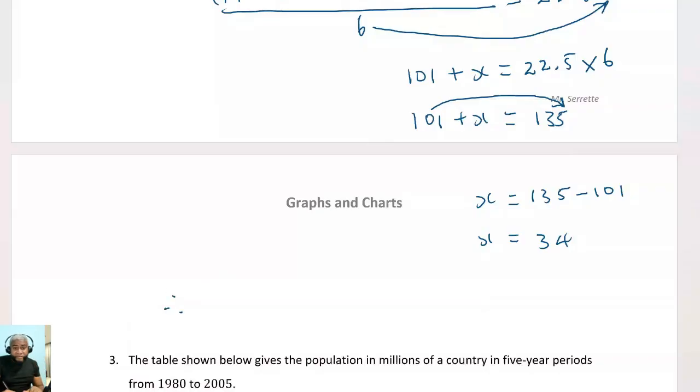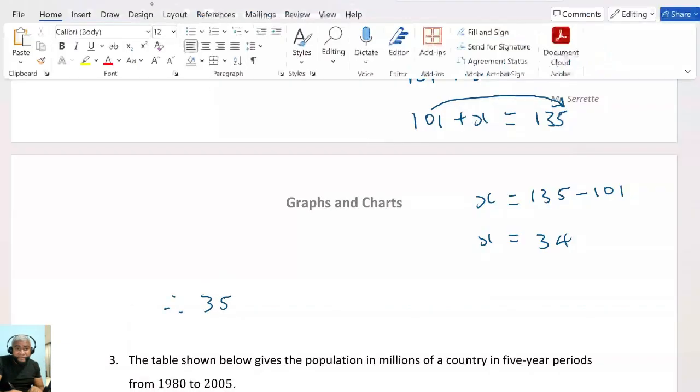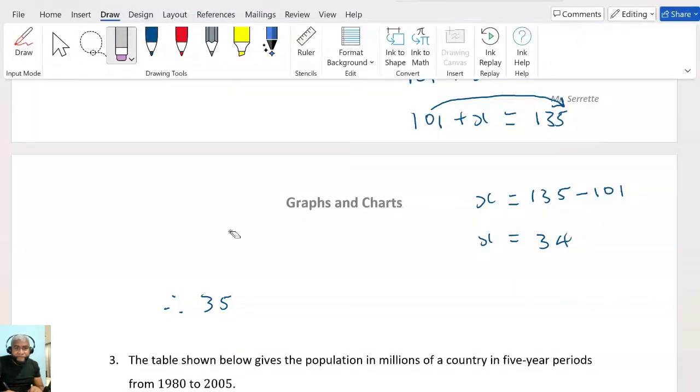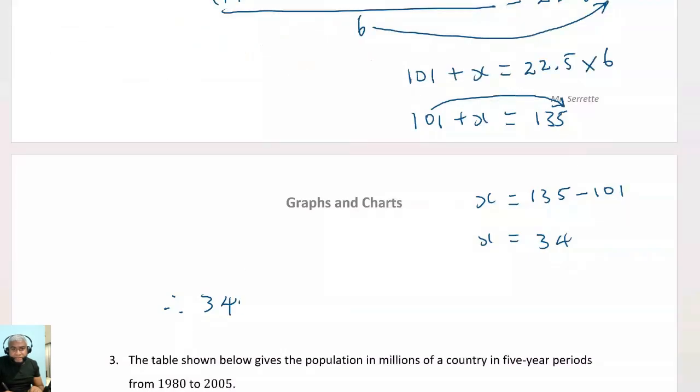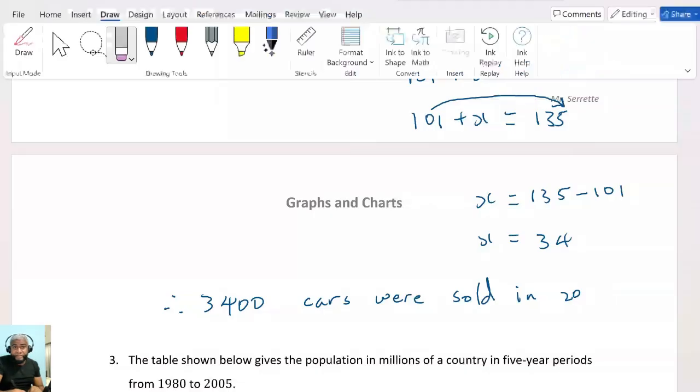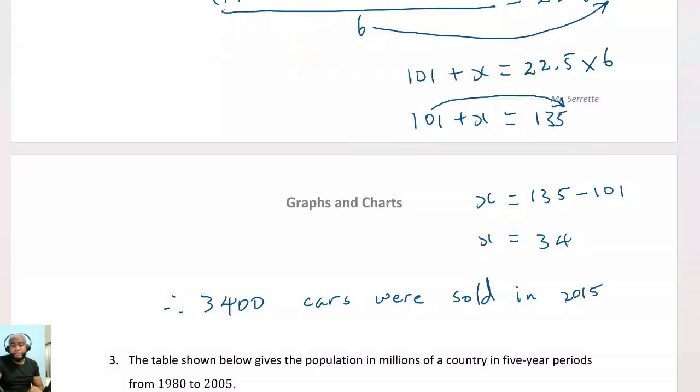So 3,400 cars were sold in 2015, right? This is a primary school question. They do this in primary school, right? Question done.